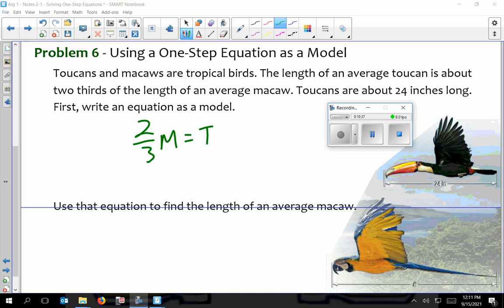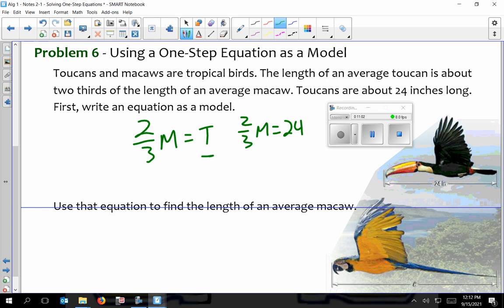They tell me that the length of an average toucan is about 2/3 the length of an average macaw. So I said that the toucan is 2/3 of a macaw. So I wrote out a little equation for that. From the other information they give me, they tell me that the toucan they have here is 24 inches long. Okay.